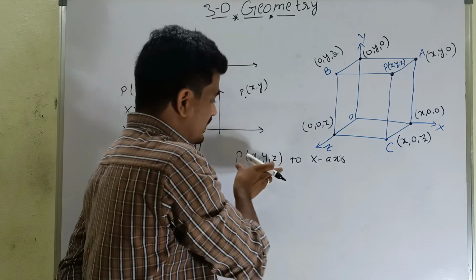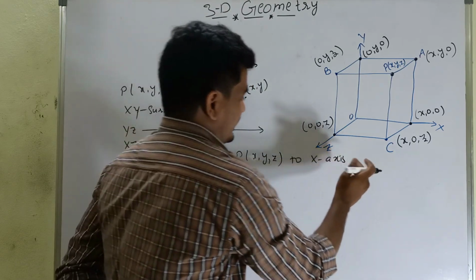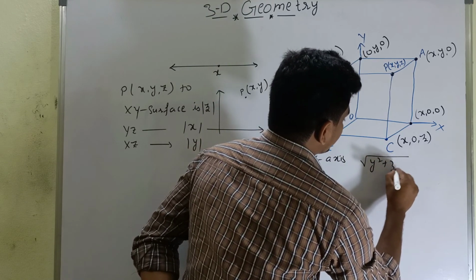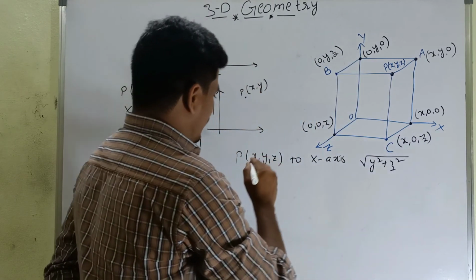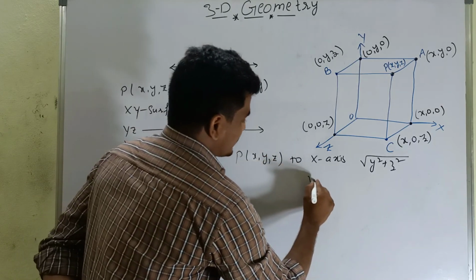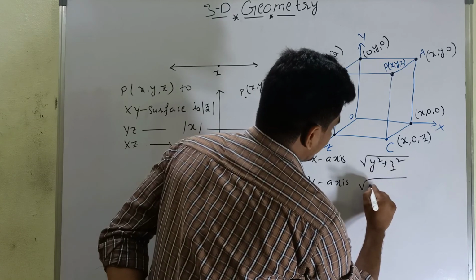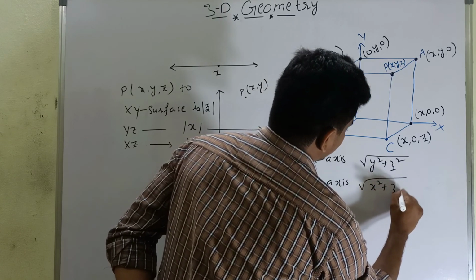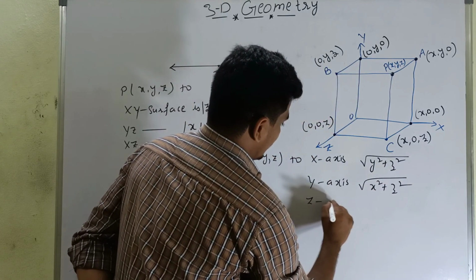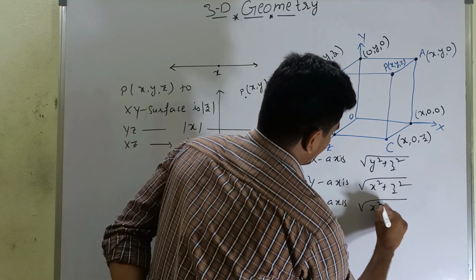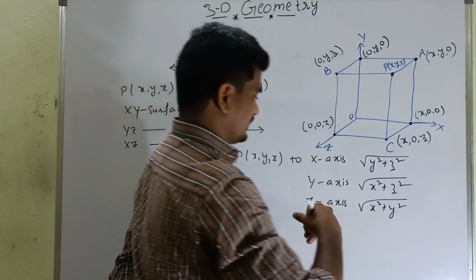The perpendicular distance from P to the x-axis is root over y square plus z square. Next, for the y-axis we get root over x square plus z square. And for the z-axis we get root over x square plus y square.